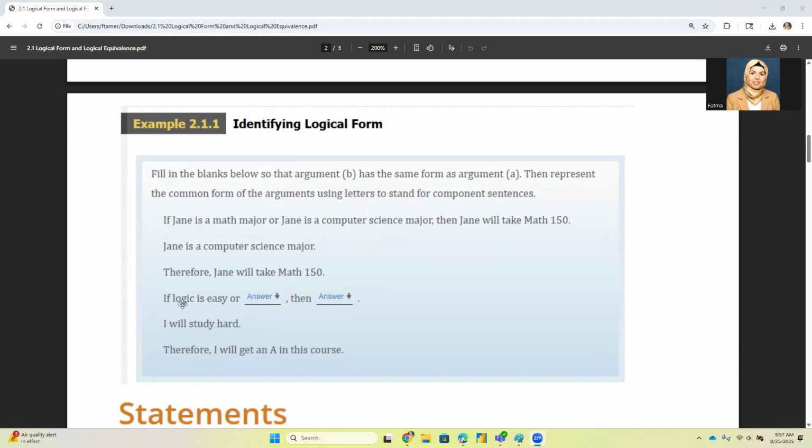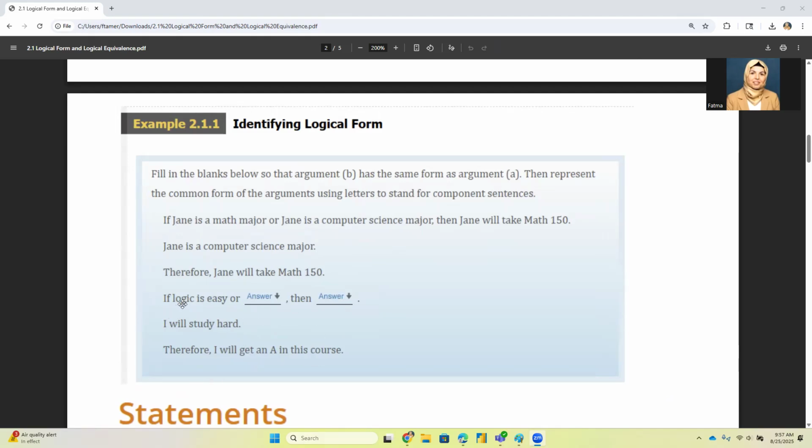It is given that if logic is easy, which is the same part as Jane's a math major, or Jane's a computer science major, so if logic is easy, or I will study hard, then I will get an A in this course.